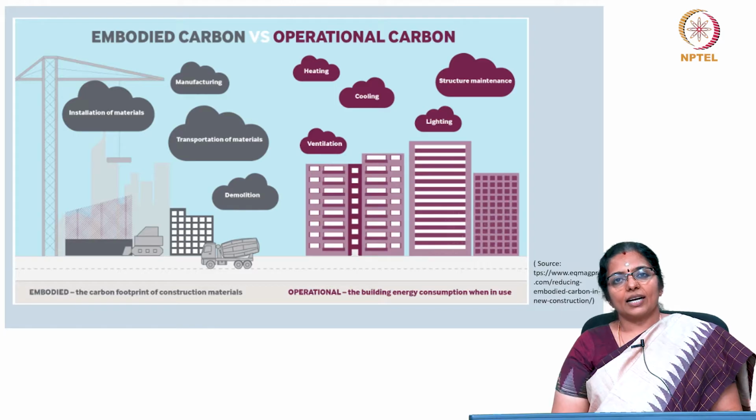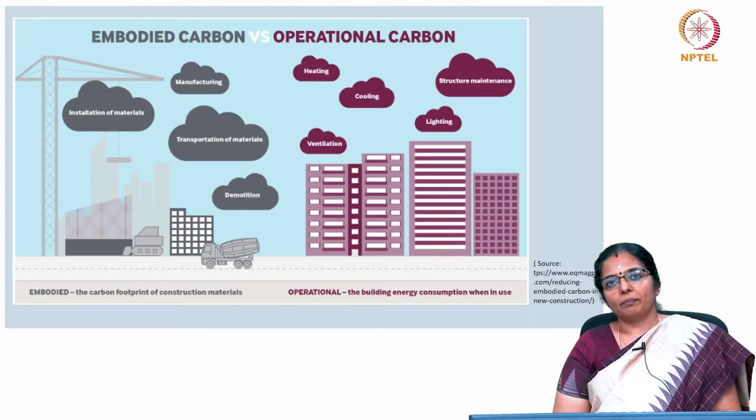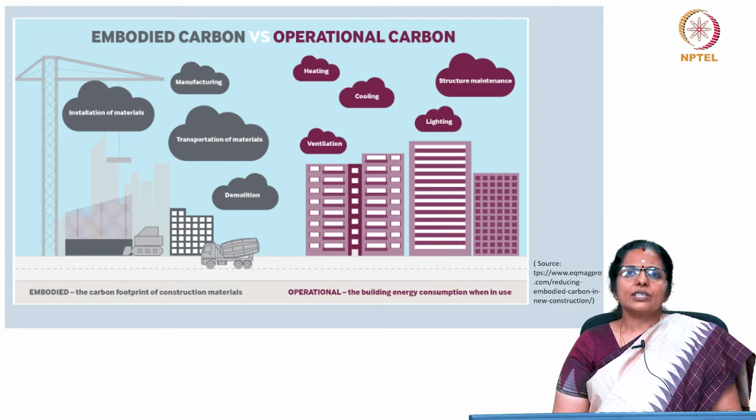So last class we saw in detail the definitions of embodied carbon. We also saw operational carbon. We saw, in very brief, what goes into the manufacture of a particular material, or rather a comparison between brick and aluminum.